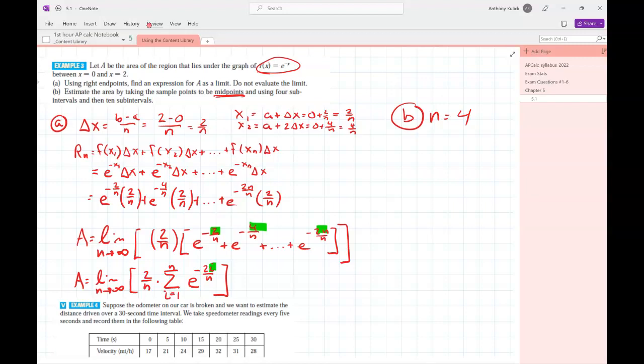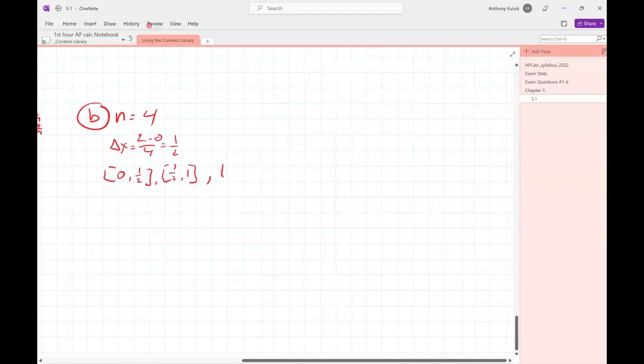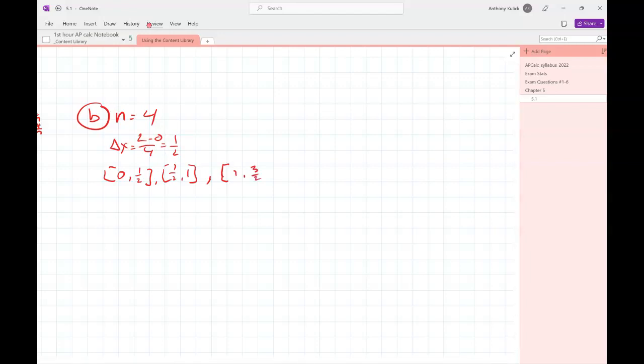That our rectangles' heights are using the midpoint of our interval. So let's just kind of compute some stuff out. Our delta x is 1/2. So my subintervals are 0 to 1/2, 1/2 to 1, 1 to 3/2, and then 3/2 to 2.